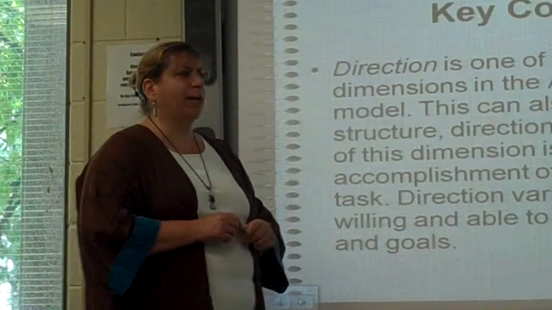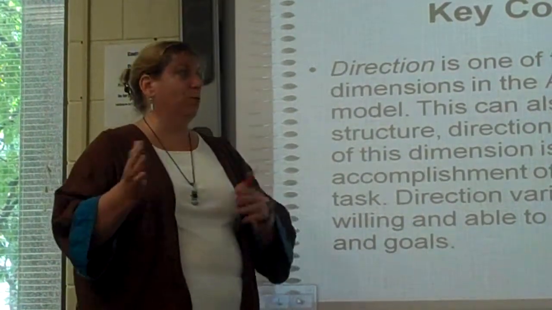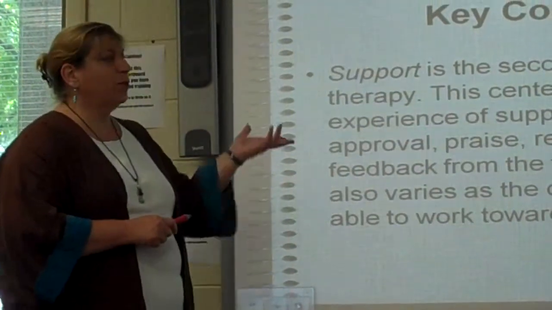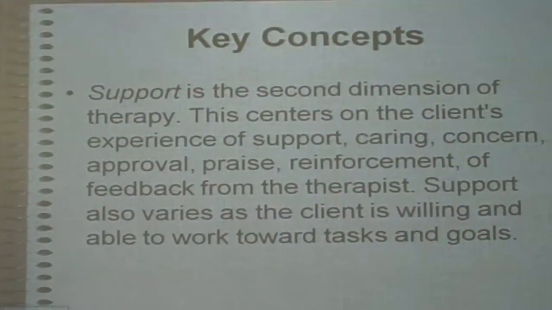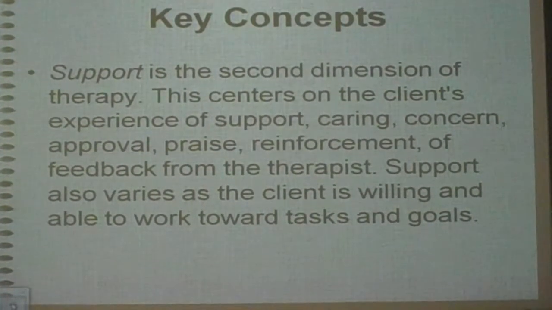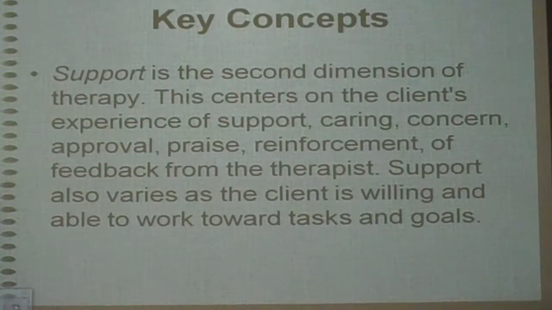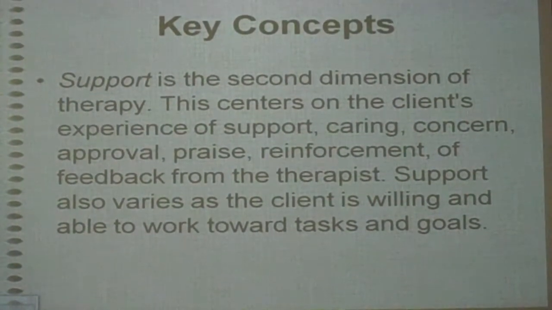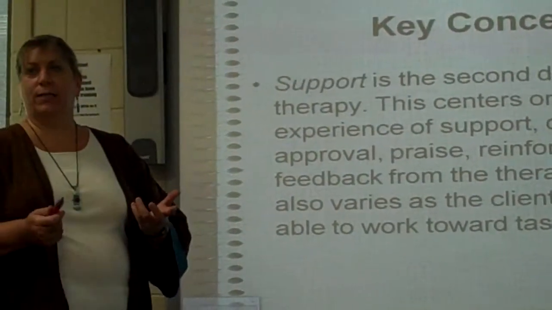Direction then might vary as the client is ready and willing to work toward those tasks and goals. Support then is about support, caring, concern, approval, reinforcement of feedback or feedback from the therapist, and it also varies as the client is willing and able to work through tasks and goals.